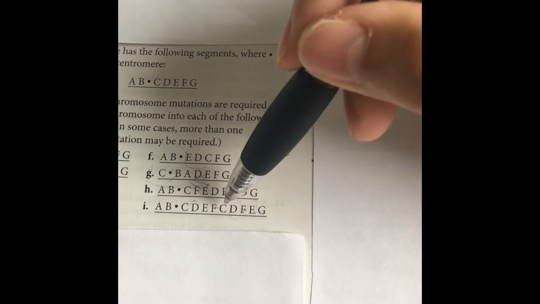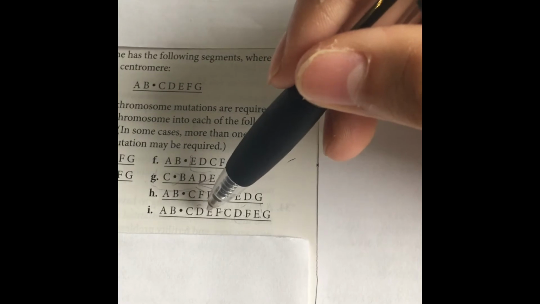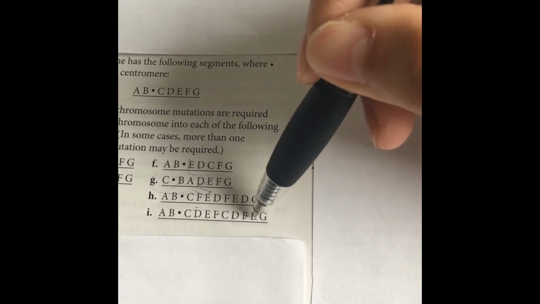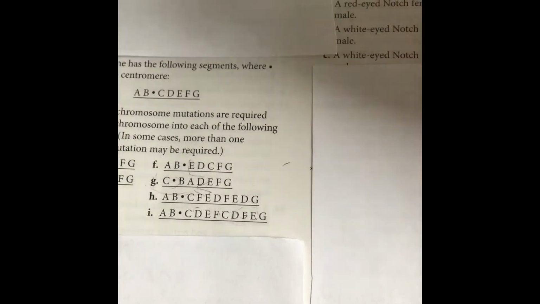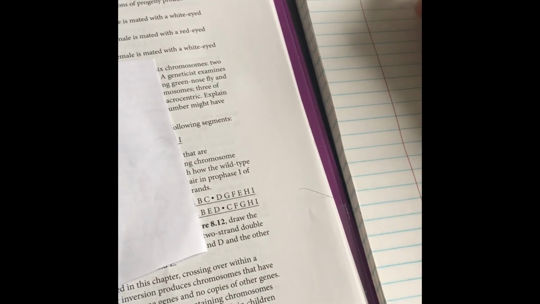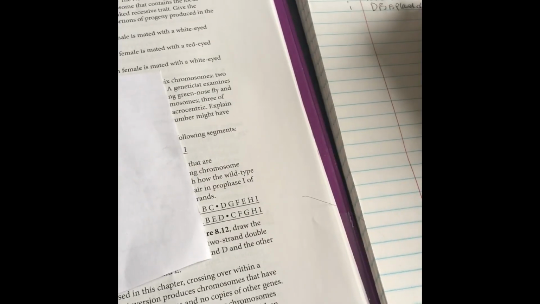But then also there's an inversion going on because it's not DEF, it's DEF going this way. So for my answer, I would put displaced duplication and an inversion. All right, and that would be it for this problem.